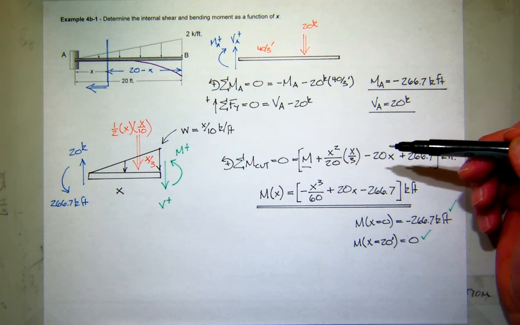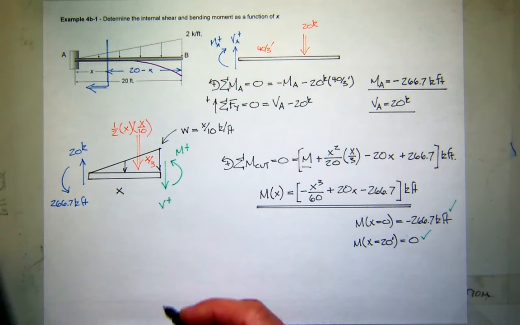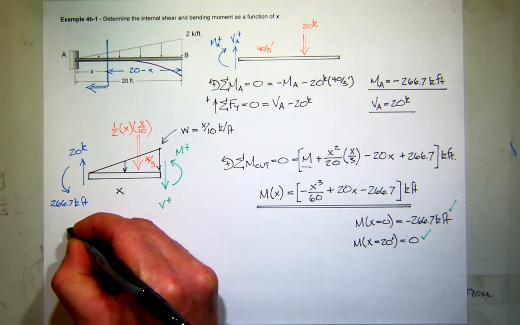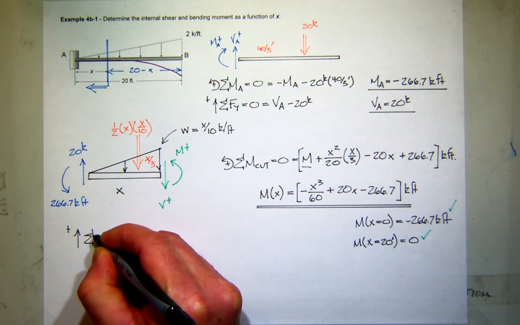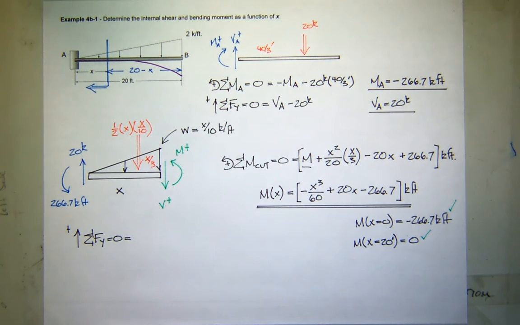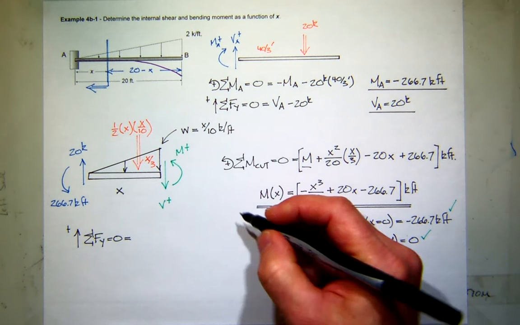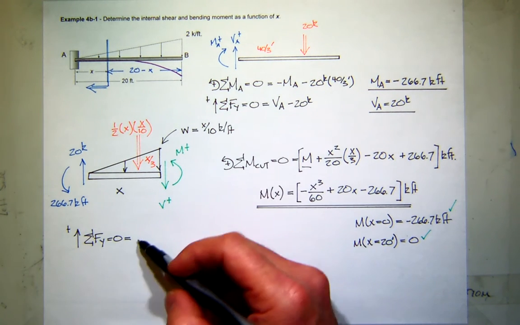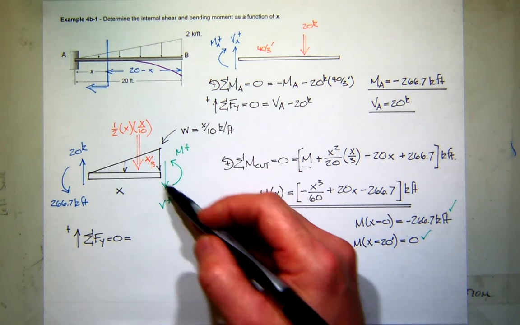Okay, so now let's find the shear. Shear is vertical, so I'm going to come over here and sum forces in the y direction, and make sure it's equal to 0. So let's see, who did I leave off on? Sorry, Aga. How do we sum forces in the y direction? Start on the left side.